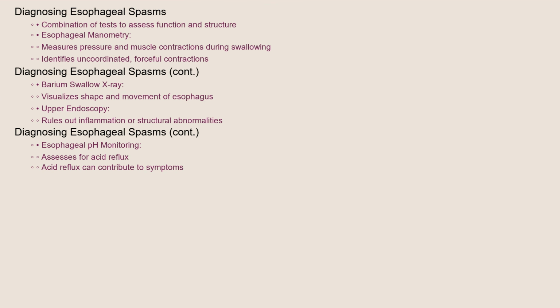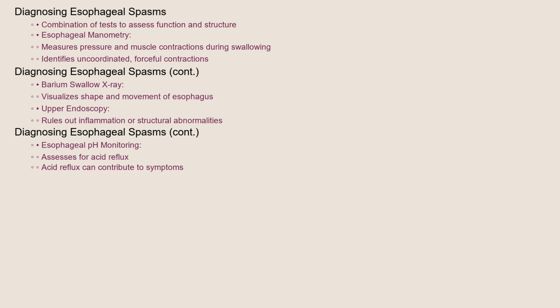Diagnosing esophageal spasms usually involves a combination of tests designed to assess the function and structure of the esophagus. One common test is esophageal manometry, which measures the pressure and pattern of muscle contractions in the esophagus during swallowing. This test can identify the uncoordinated and forceful contractions characteristic of esophageal spasms. A barium swallow X-ray is another useful tool.